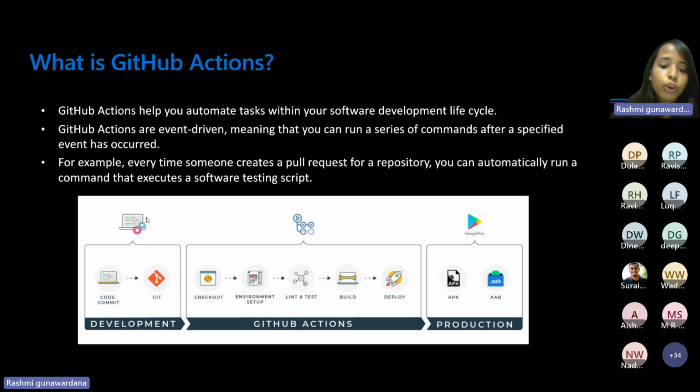Where GitHub Actions comes into action is when we push our code to this repository. GitHub Actions can check out that code and set up the right environment that is suitable for that code to run, and then it can lint and test.